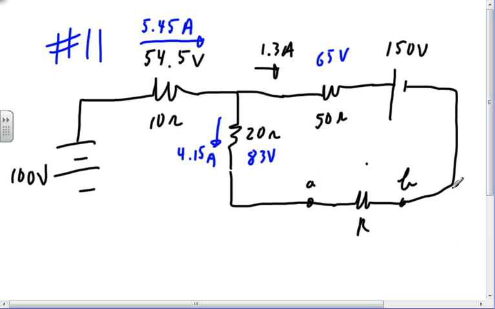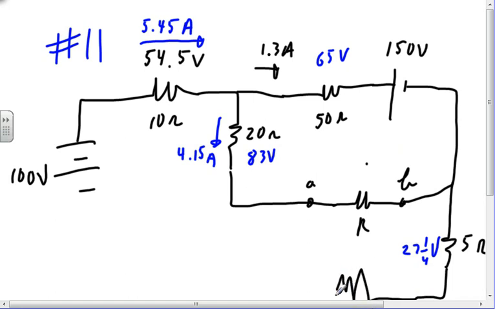Okay, and then I come down this way and I see I've got 5 ohms. Now you see the current over here, this 5.45 amps? It divided up going both ways, but now it's going that way, and it's 5.45 amps. So 5.45 amps times 5 ohms means I've got 27 1/4 volts across that guy. And then I come down this way, and I find another resistor that's 15 ohms.